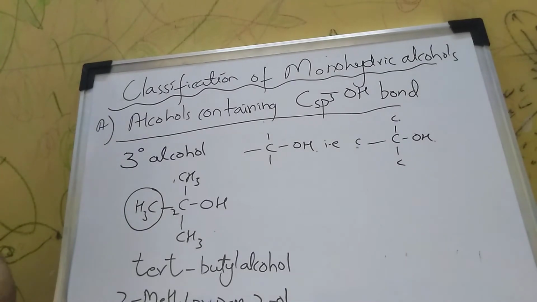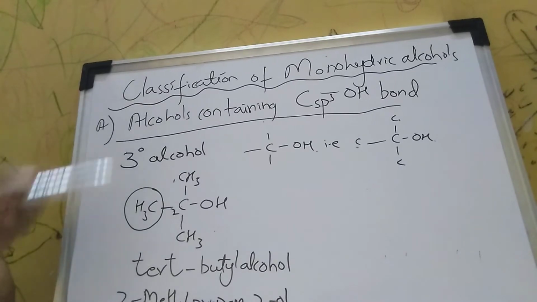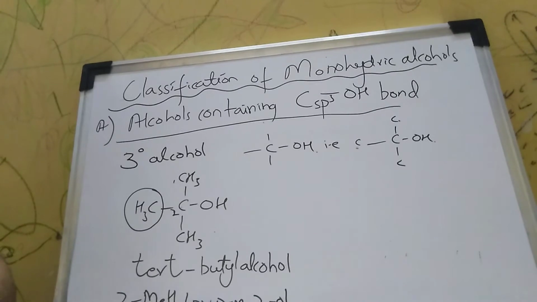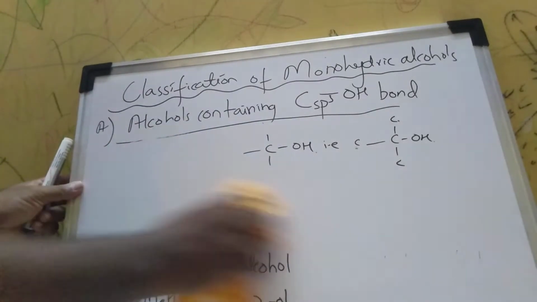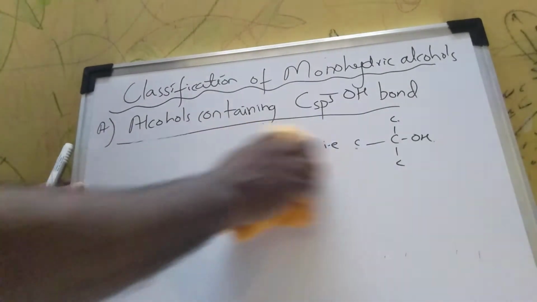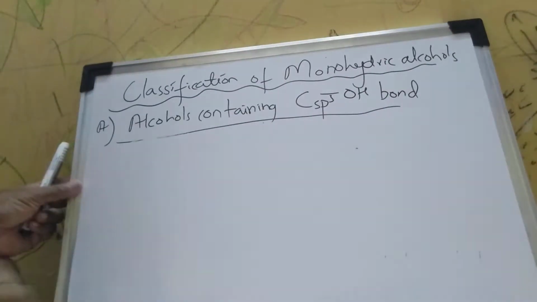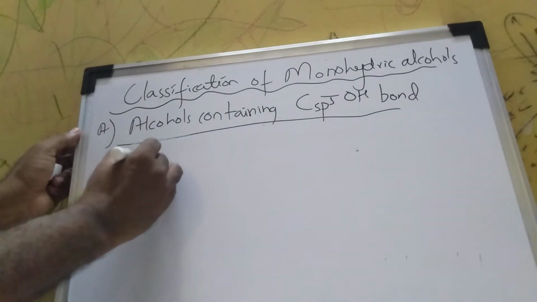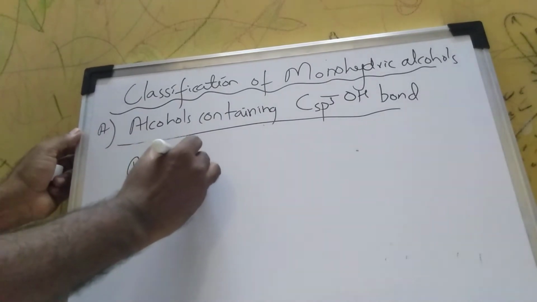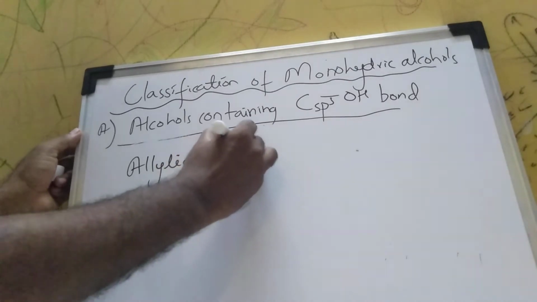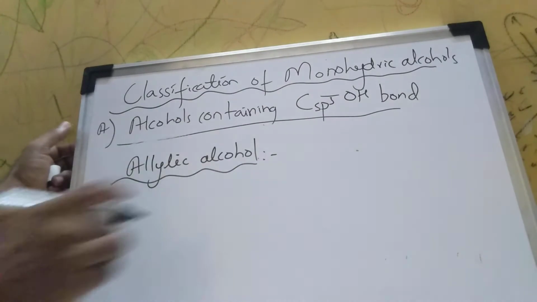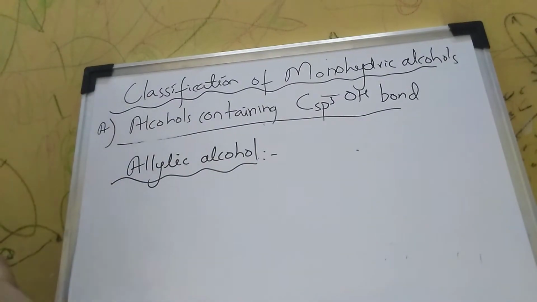Now in this only, the other classification includes the allylic alcohol. Now allylic alcohol means what?